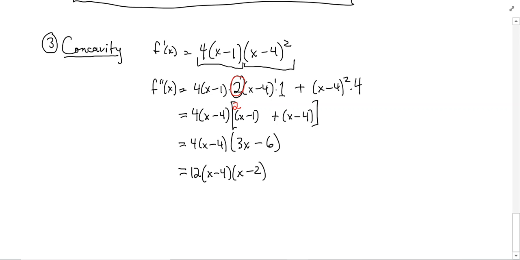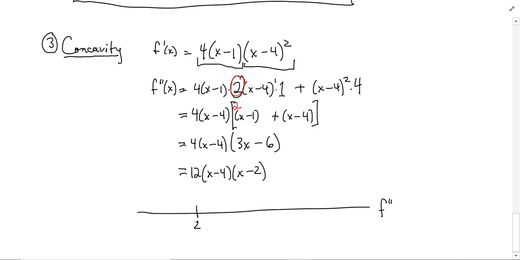All right, so here is the second derivative, and it's in nice factored form. Well, let's study its sign. Not critical numbers. These would be critical numbers of the first derivative, but I don't want to confuse things. Critical numbers for us are in reference to the original function. What we're talking about now are the zeros of the second derivative.